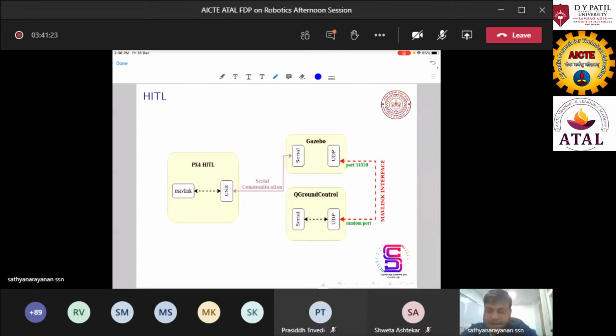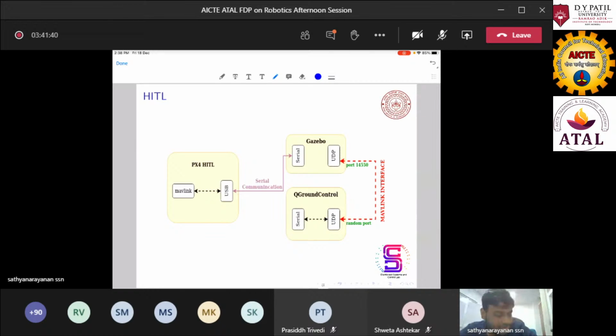Pixhawk actually supports Gazebo to communicate. Pixhawk communicates with Gazebo using a serial USB cable, and Gazebo runs on the laptop.